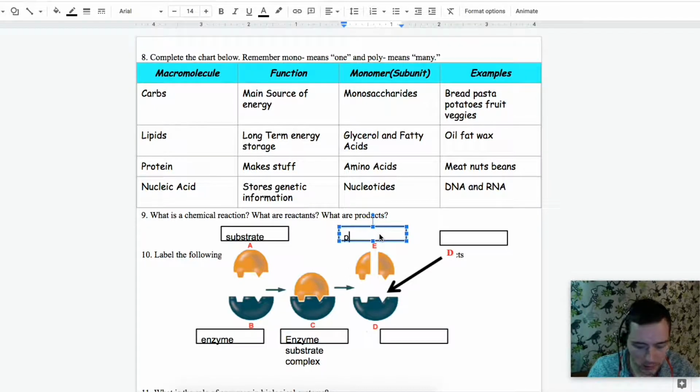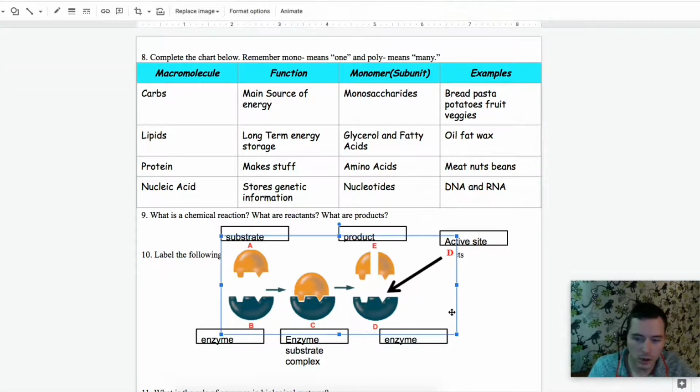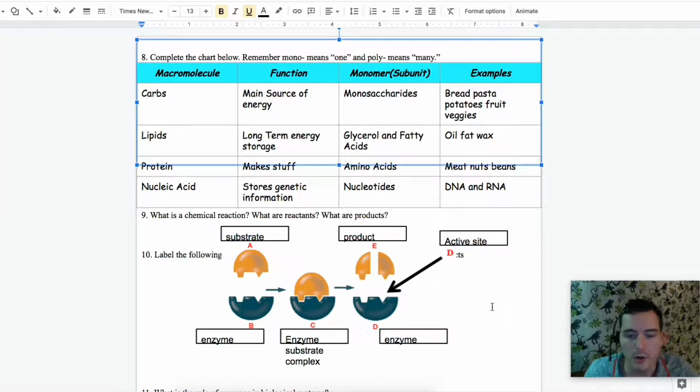That's what's made. And I know that D here is the active site. This one here is just the enzyme, ready to go and find another substrate and do the whole thing all over again.